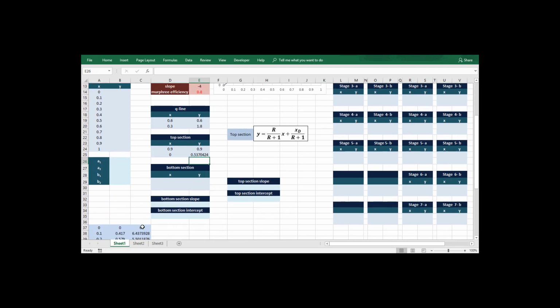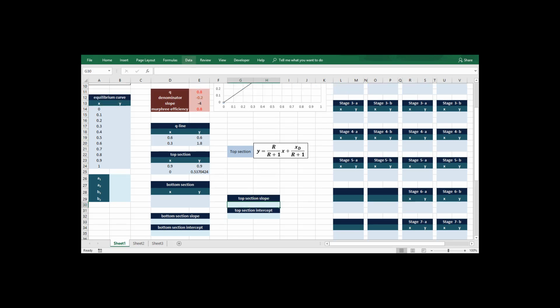I can now use it to get the value for the top section slope and intercept. By this, I can get the value for the top section slope and for the top section intercept.